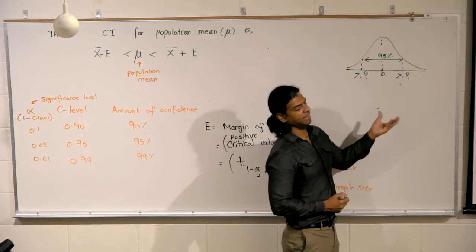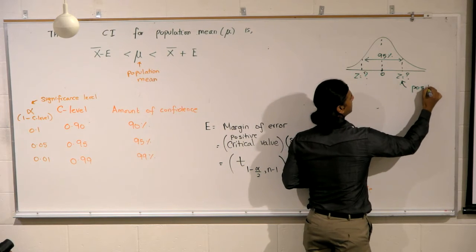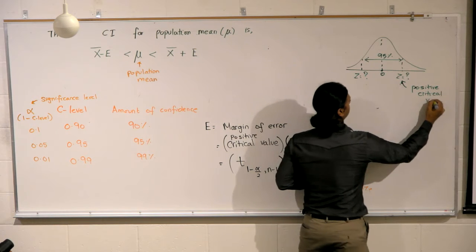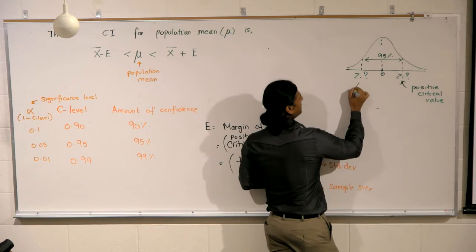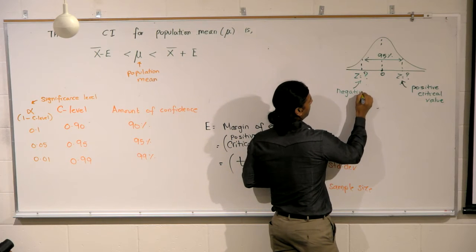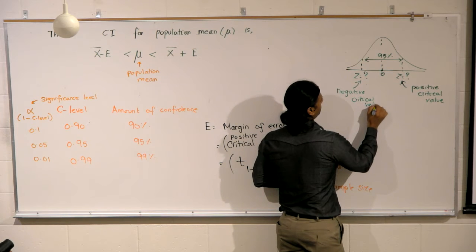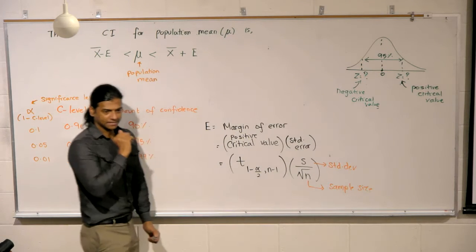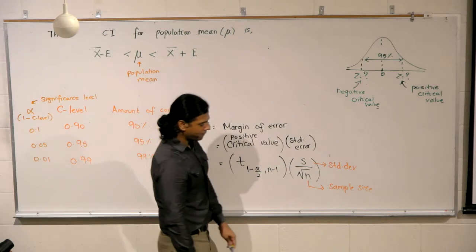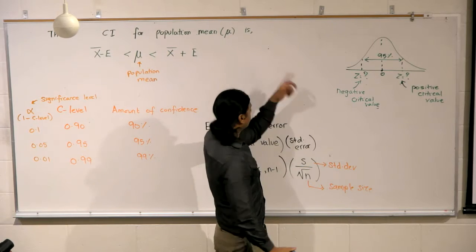So with a bell curve, that percentile on the right is the positive critical value. The percentile on the left is the negative critical value. With me so far? So whatever you found in 5.3, we trained you to do all those problems because you can use them here.